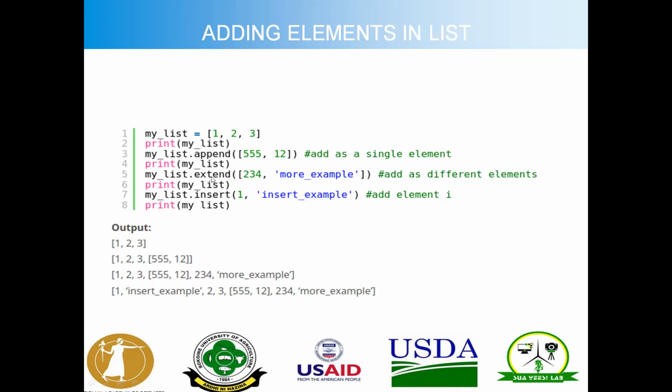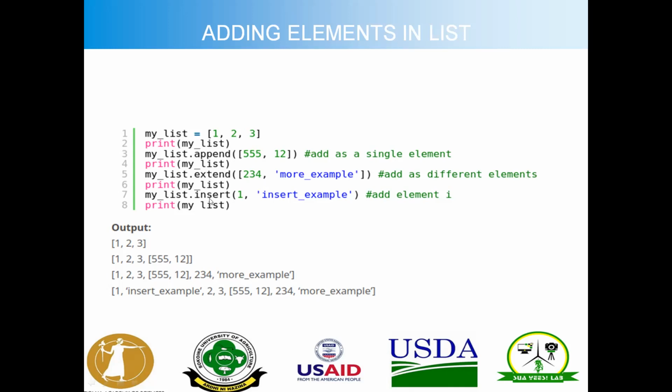But by using extend, you see here, we use the extend function with the values 2, 3, 4, and more example. This one will not be added as a single item, it will be added as individual items. So 2, 3, 4 will be added, and then more example will also be added.